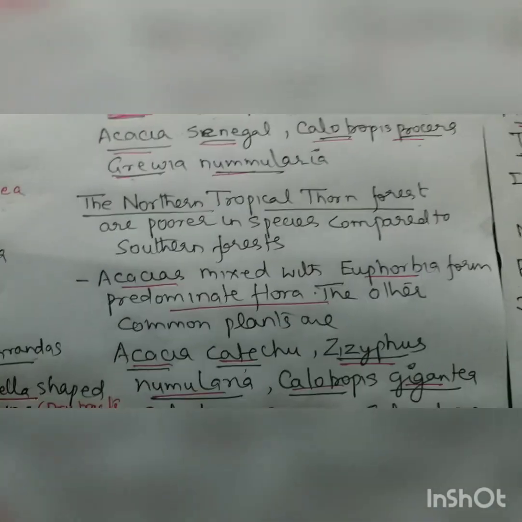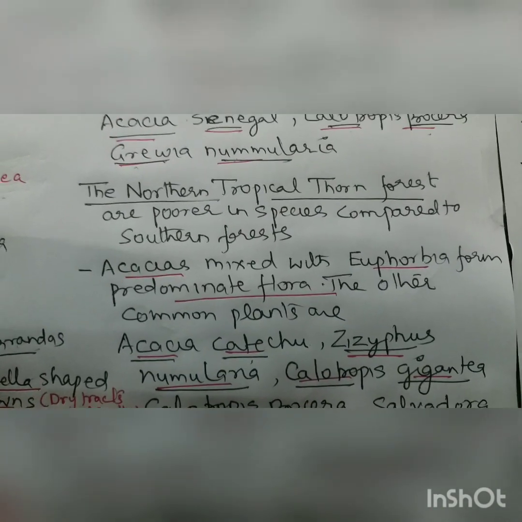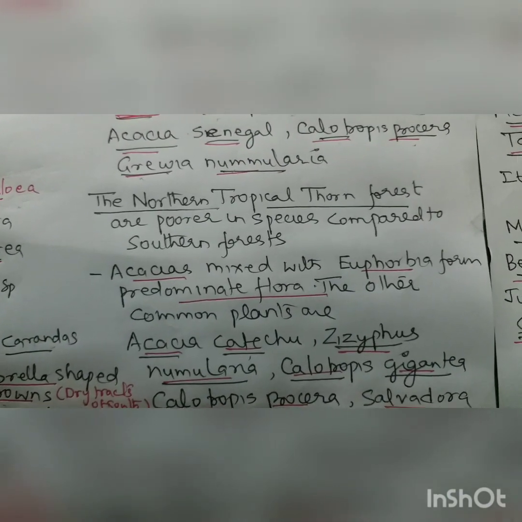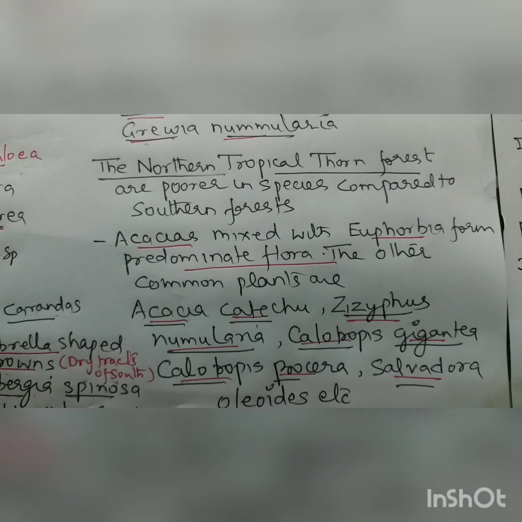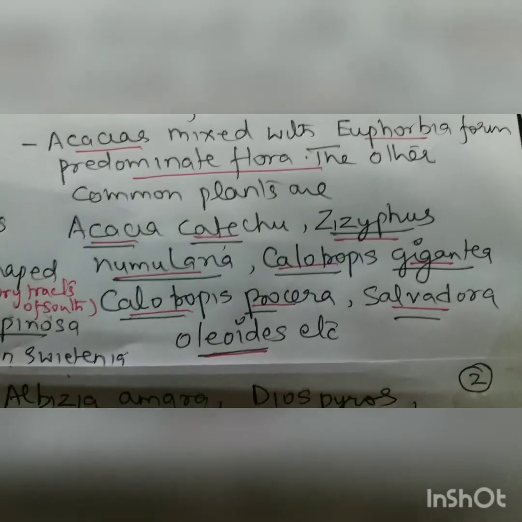And then we are coming to the conclusion of our topic, that is the northern tropical thorn forest, which is poorer in species compared to the southern forest. The acacias here are mixed with euphorbias. They form the predominant flora. The other common plants are Acacia catechu, right?